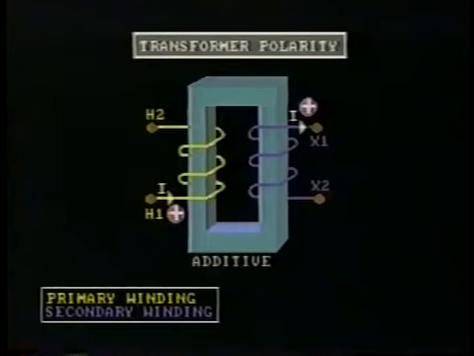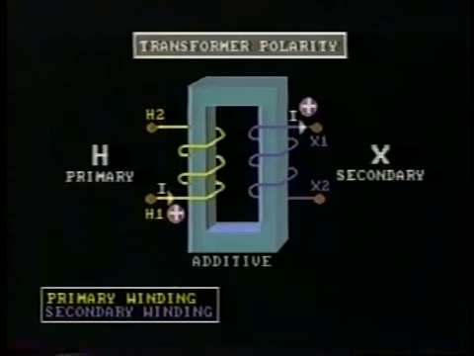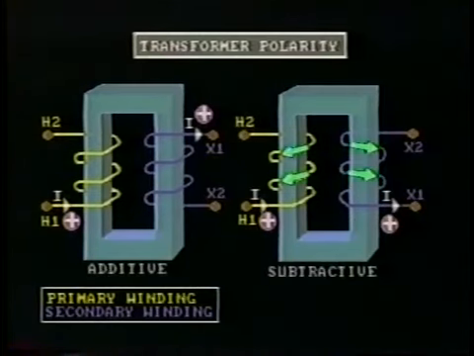To help identify this, the terminals are marked like this. By convention, H refers to the primary and X the secondary. H1 is current into the primary and X1 is current out of the secondary. Conversely, when primary and secondary turns are wound in the opposite direction, the secondary current flows in the opposite direction to the primary current.